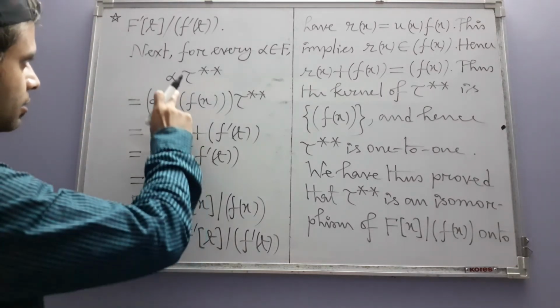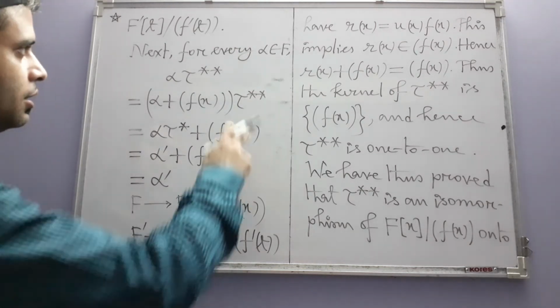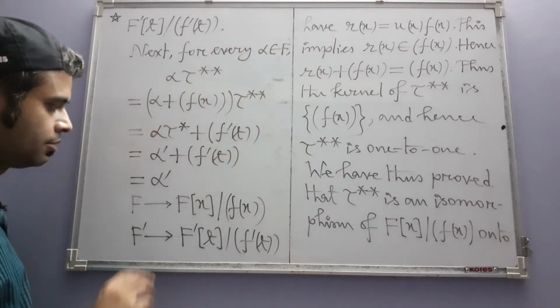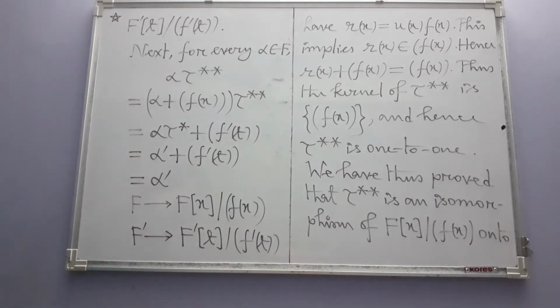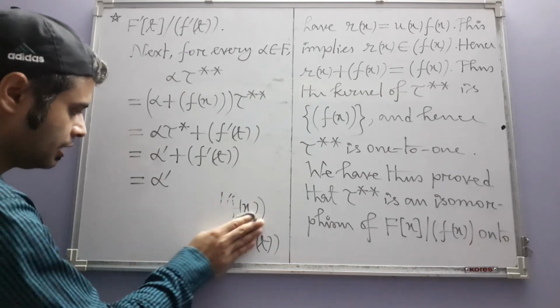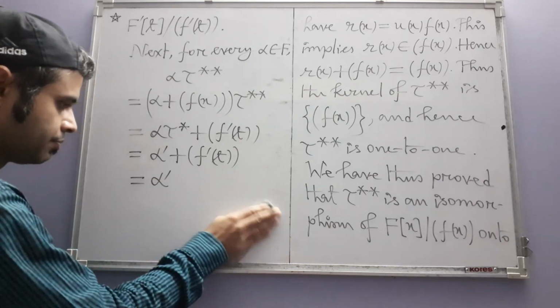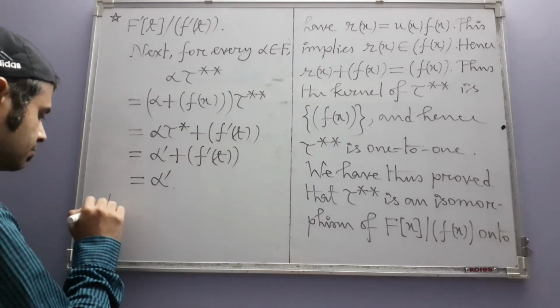That's how you get alpha tau double star equal to alpha prime for every alpha belonging to F. So the first relation has been shown. And the second relation is of course easier than this. There we don't need any identification.